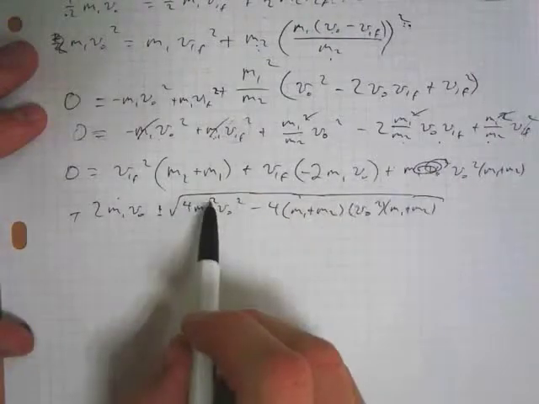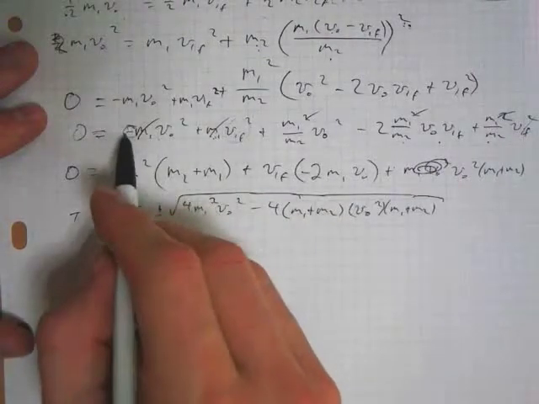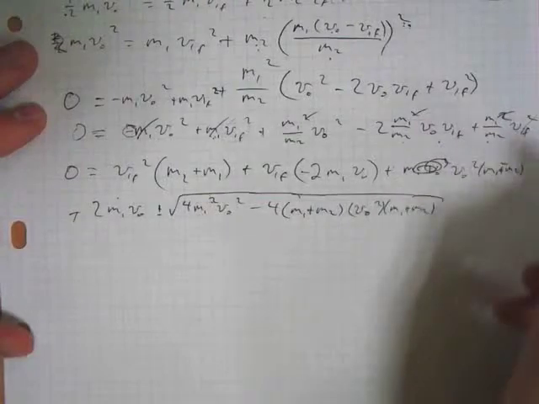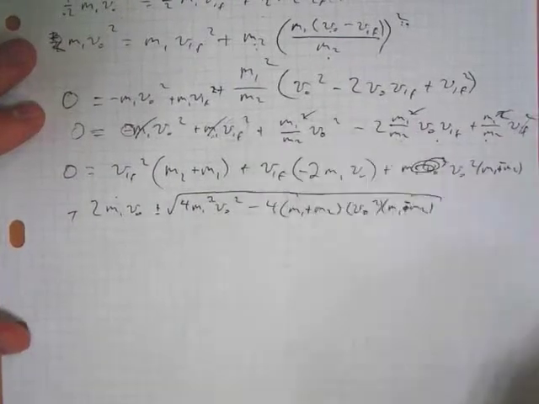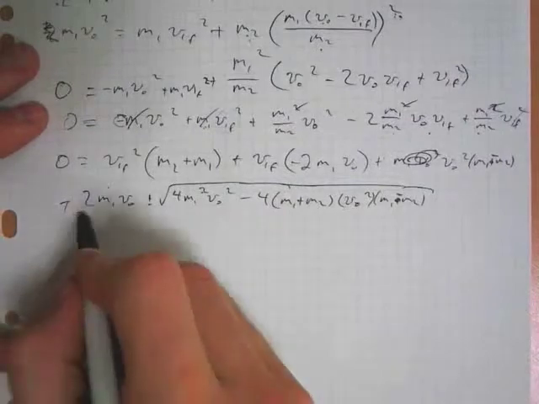I think I made a sign error. Oh, right, this is minus. So it should be m1 minus m2, all over 2a.